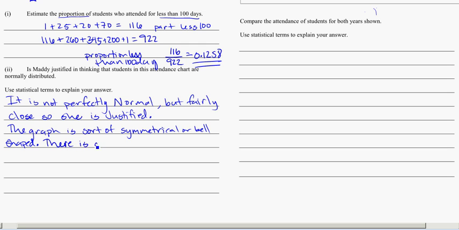There is a long tail to the left, so the graph is skewed left.